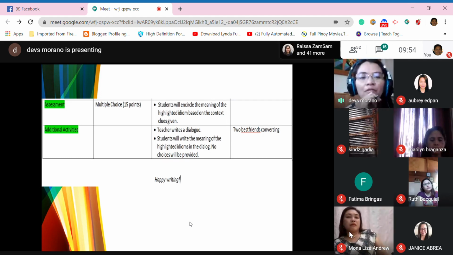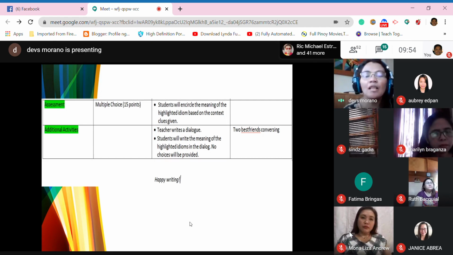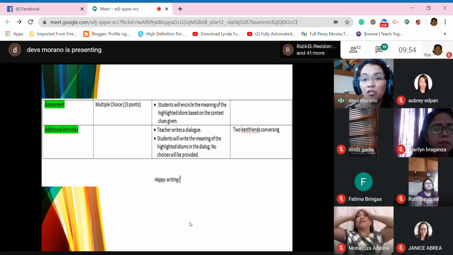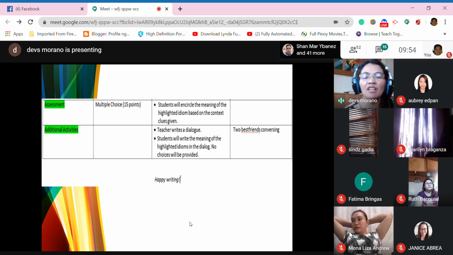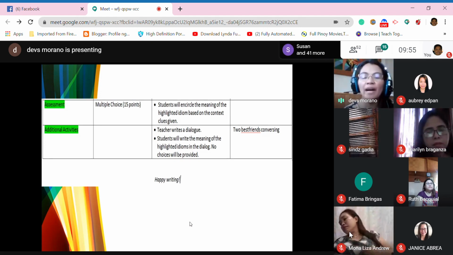So let's now move on to assessment. So for assessment, so that it's easy for us to get feedback, then I can have a multiple choice question where students will encircle the meaning of the highlighted idiom based on the context clue given. So that's 15 points. You can also have authentic assessment, but you are going to provide rubrics for that.